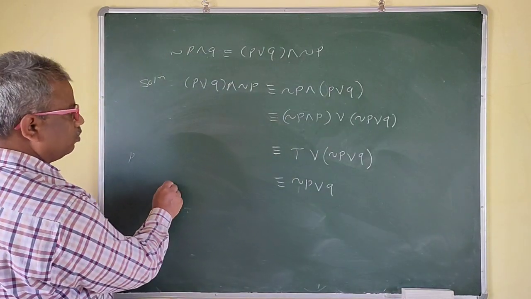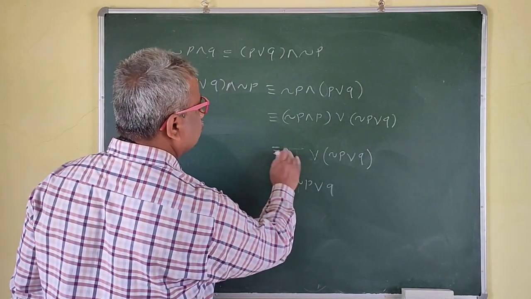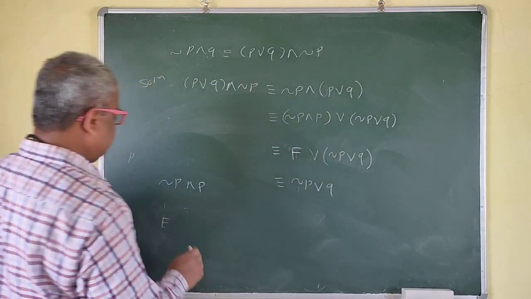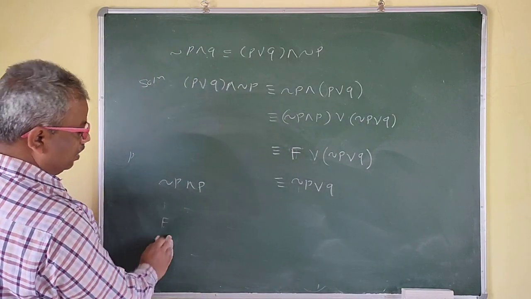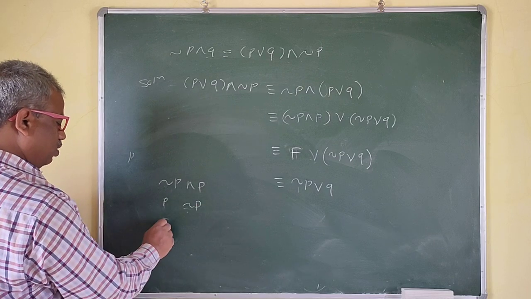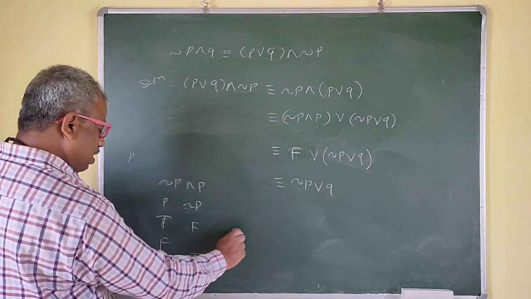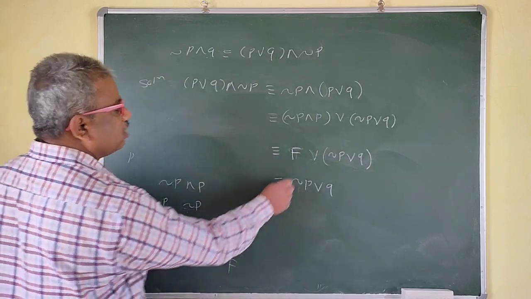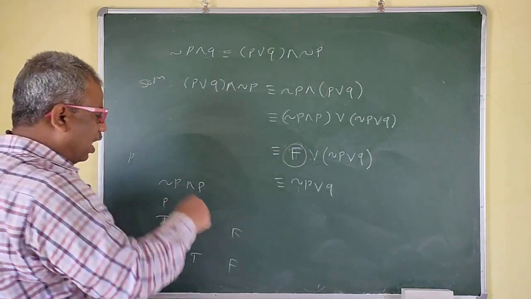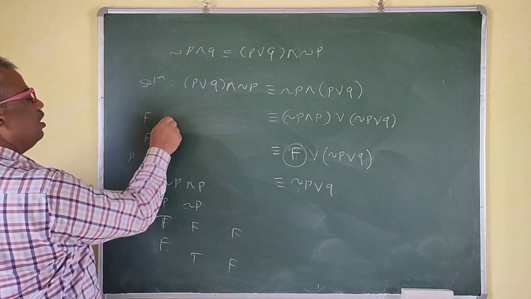So negation P and P. This should be F now, right? So P and negation P. So T, F, F, T, right? P and F is F. F and T is also F, right? This should be F now. And F or R. So suppose F here.